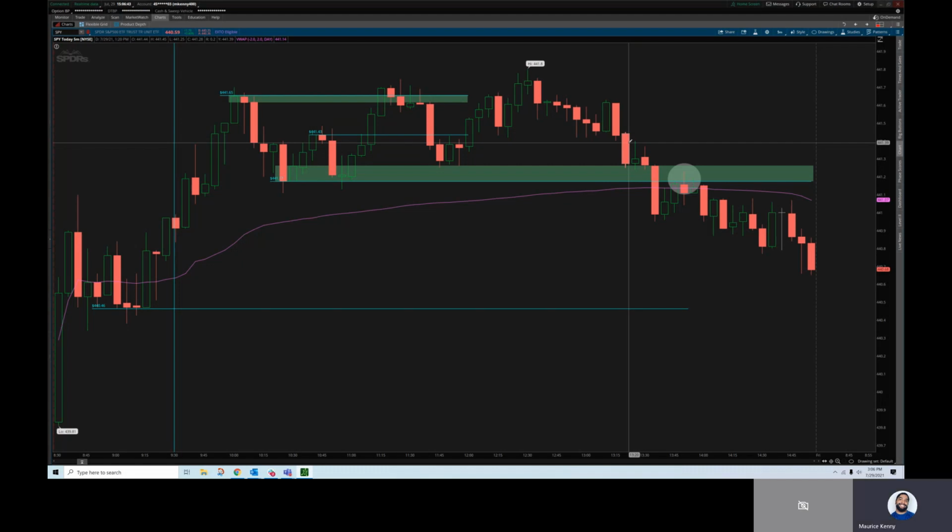To rephrase it one more way, from a direction perspective: if something's bouncing up off of something, that's usually a demand zone. If something's bouncing below it, then it's bouncing off of a supply zone.